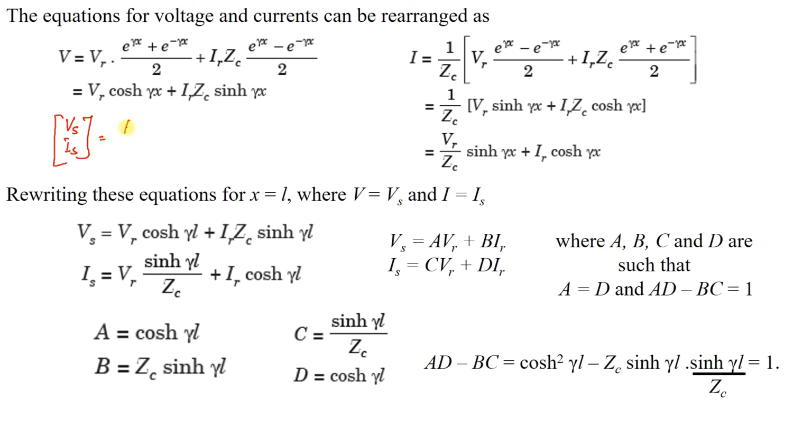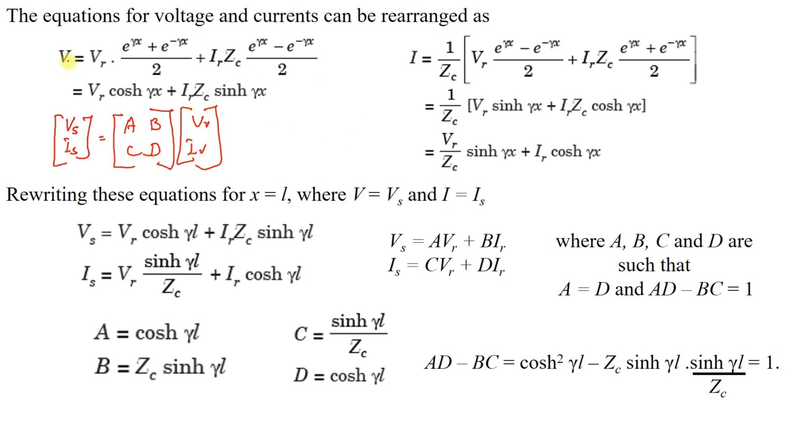So Vs, Is will be equal to ABCD, which are the transmission parameters, times Vr and Ir. That means Vs will be A VR plus B IR. Similarly, Is is equal to C VR plus D IR.